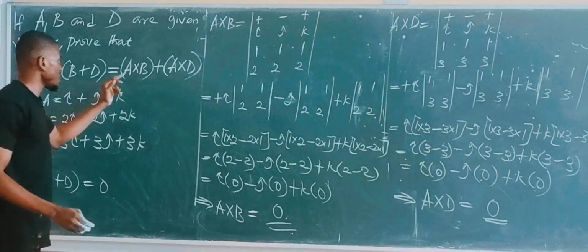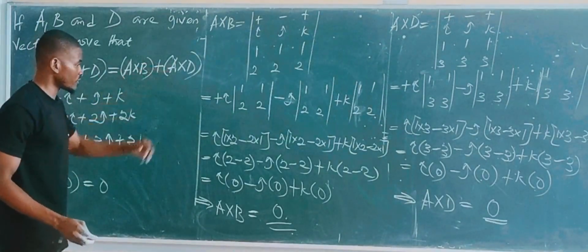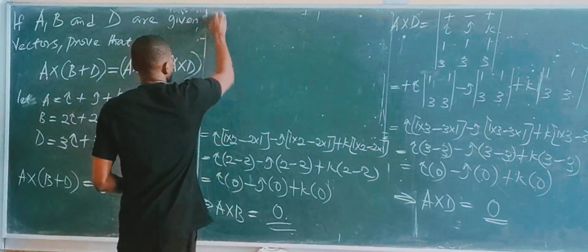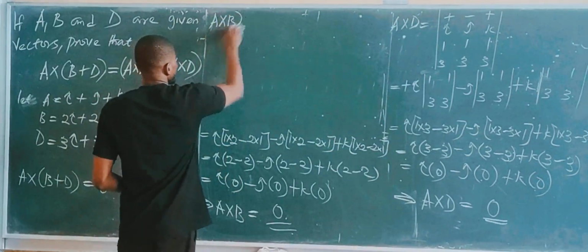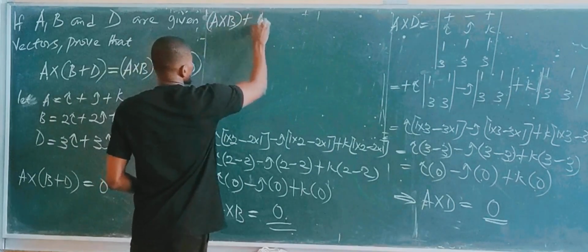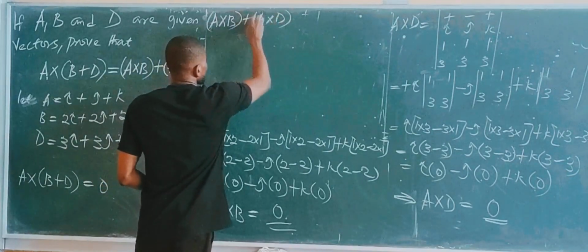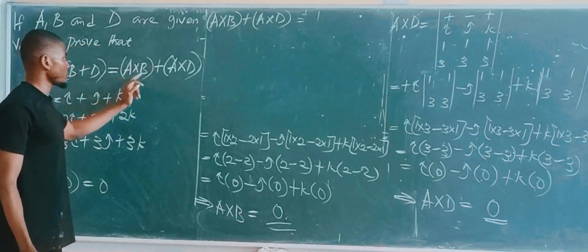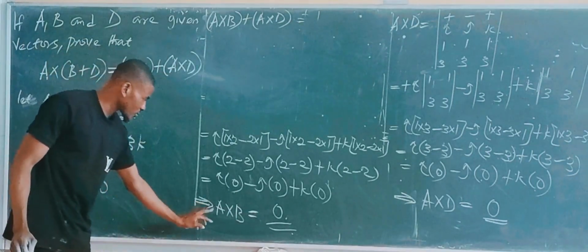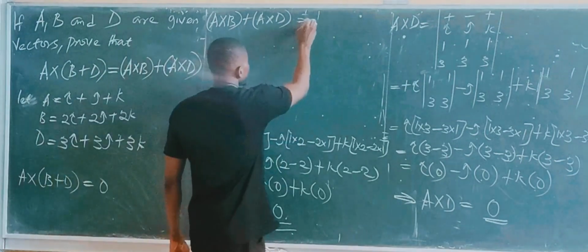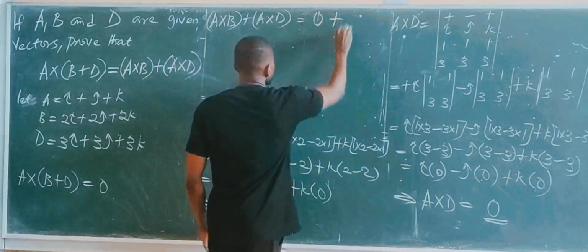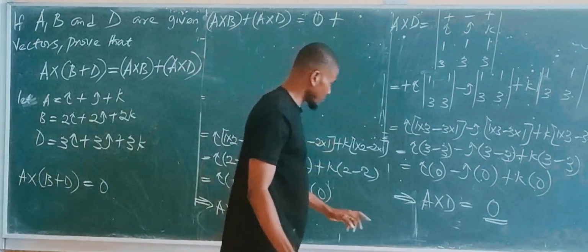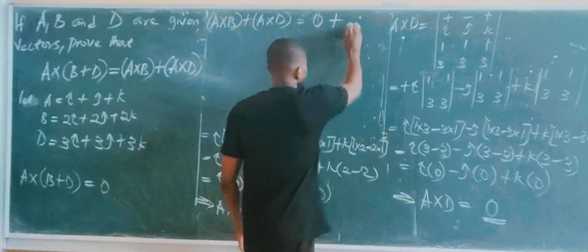Now let's also check if A cross B plus A cross D will give us 0. The right hand side of the law is A cross B plus A cross D, and we obtained A cross B as 0. So we simply have 0 plus, we also obtained A cross D as 0, which is here 0.